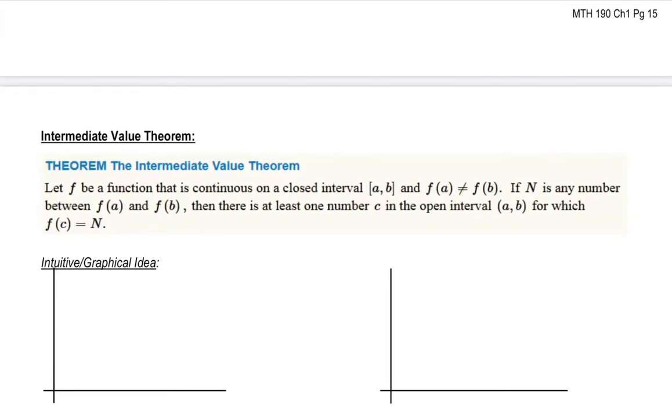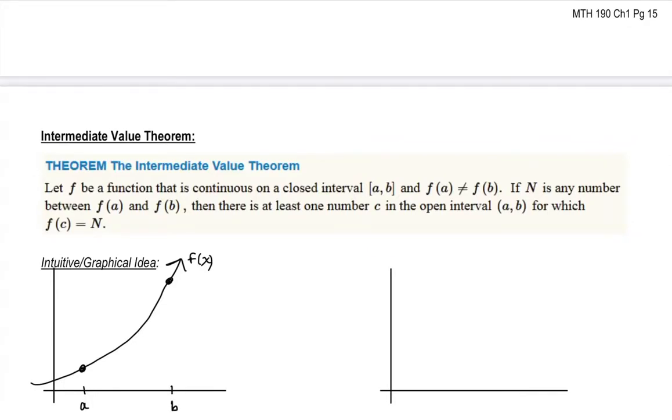So let's draw in some function here in this first quadrant. Here's f of x, and let's suppose this is my interval, from a to b.